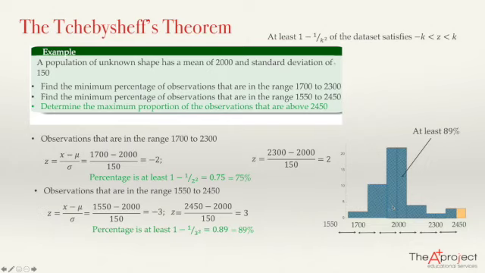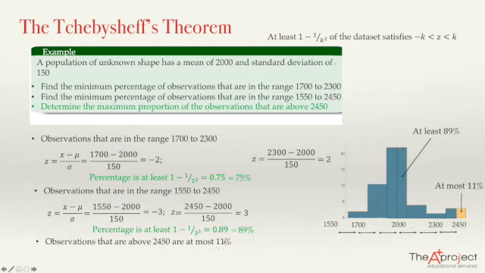Obviously, if this area could be 89% or more, that means at least 89%, then the things outside of this region, maybe at the left and at the right, will be at most 11%. So the answer to the next question, determine the maximum proportion of the observations that are above 2450, will be at most 11%.